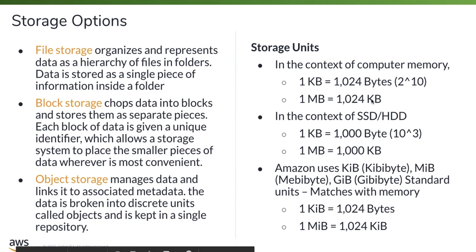When it comes to computer memory, we use 1024 bytes, and when it comes to SSDs and hard disks, it goes by 1000 bytes. So there are some differences in that. There are also KB, MB, and GB, and Amazon uses those standards.